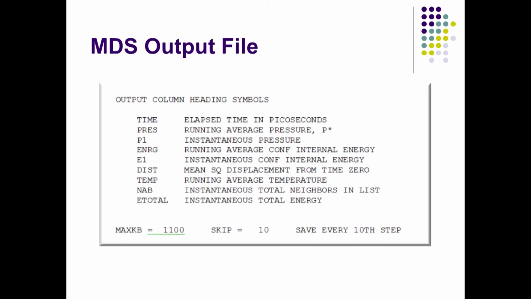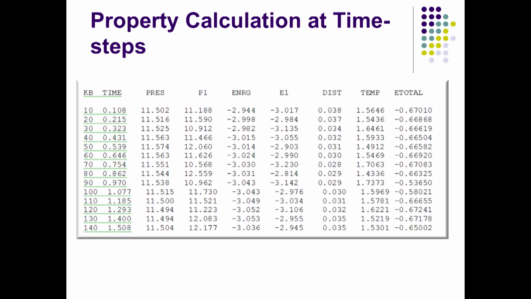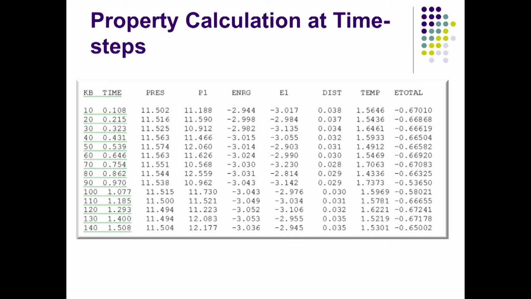Now, if you look at the output columns, we have time, pressure, instantaneous pressure, energy, instantaneous energy, distance, mean square displacement. We are looking at the temperature, neighbor list and E total. We are now looking at this particular table on your slide, where you can see about 140 time steps here, and you can see how the temperature, pressure, energy, mean square displacement, etc. are growing.